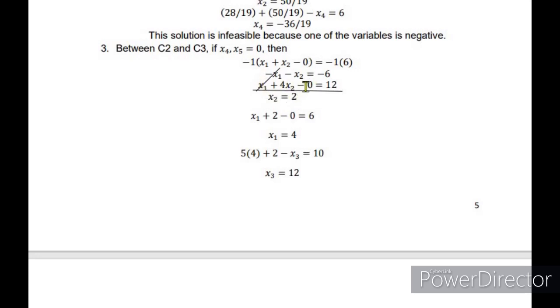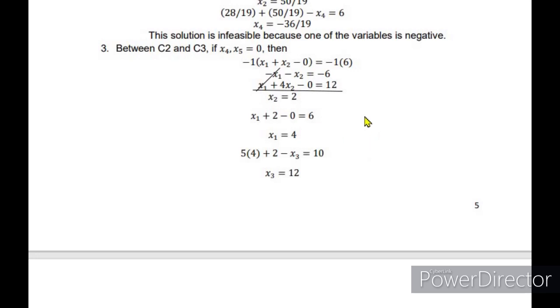So negative x sub 2 plus positive 4x sub 2 is equal to positive 3x sub 2. So it is being shortcut here, because in this corner it is positive 3x sub 2 and in this corner it is positive 6, so 6 divided by 3 is 2. So we have x sub 2 is equal to 2.